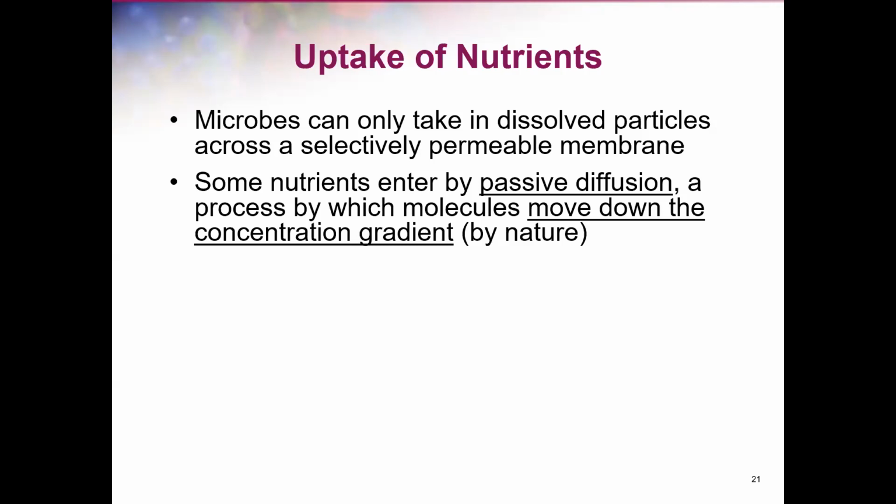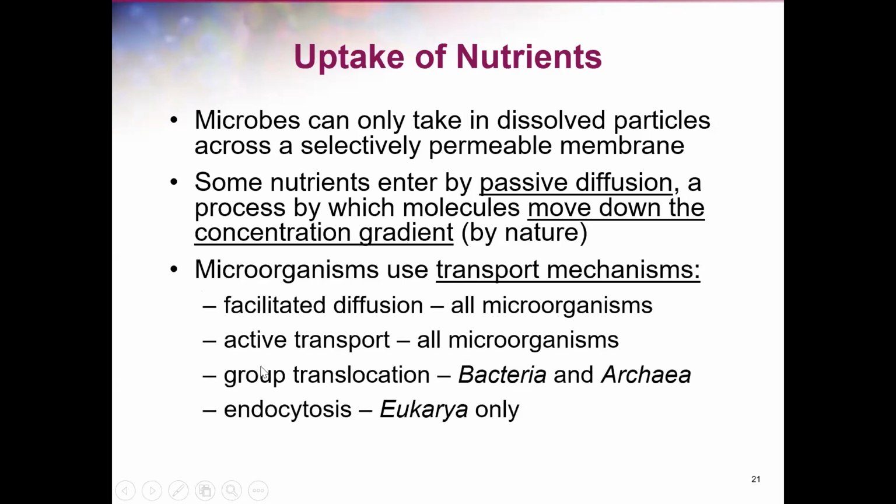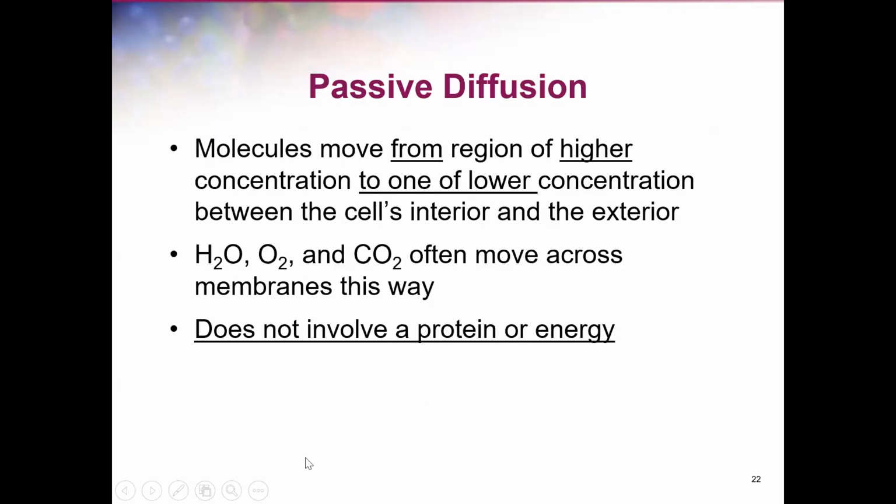It always happens by nature, moving from high concentration to low. There are also others, like facilitated diffusion, active transport, and group translocation. Then eukaryotic cells have endocytosis, which is a little bit different.